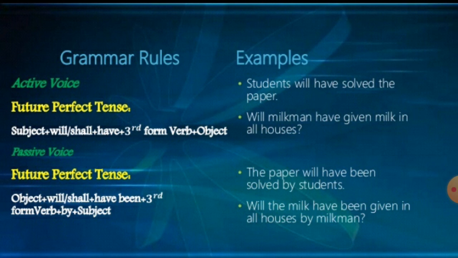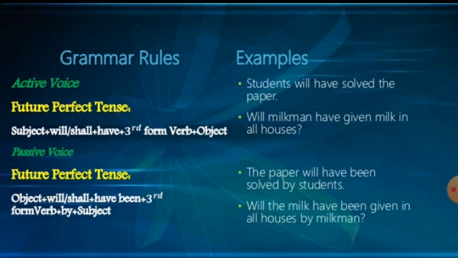Students will have solved the paper. Students is the subject, will have, and the third form is solved. The paper is object. How to change that? Object plus will or shall plus have been plus third form of the verb plus by plus subject. The paper is the object, that will become the subject here.